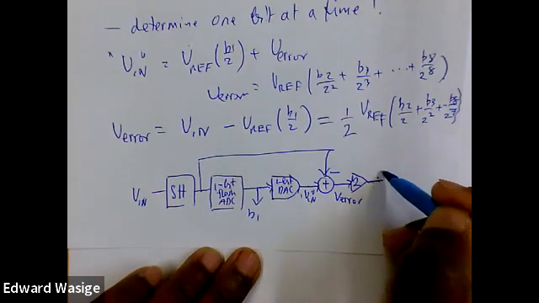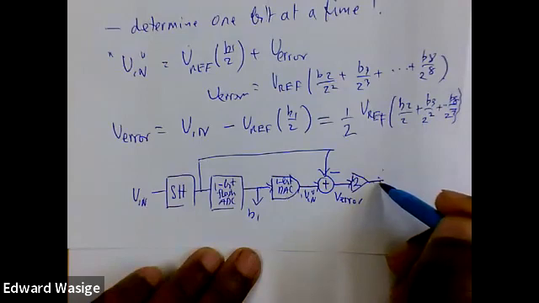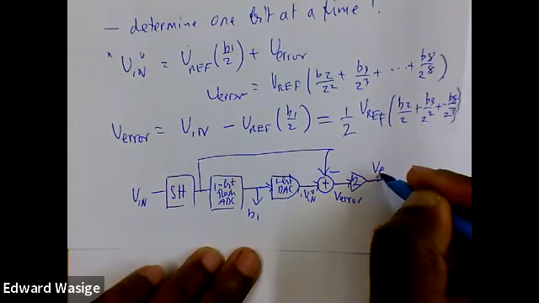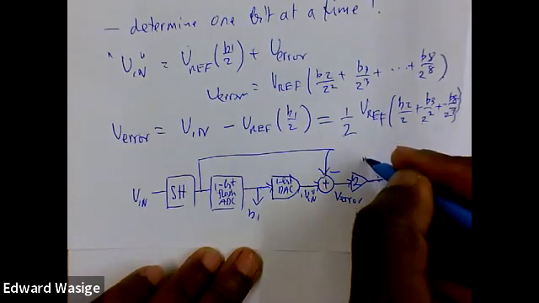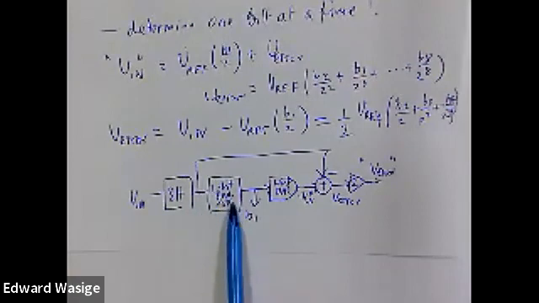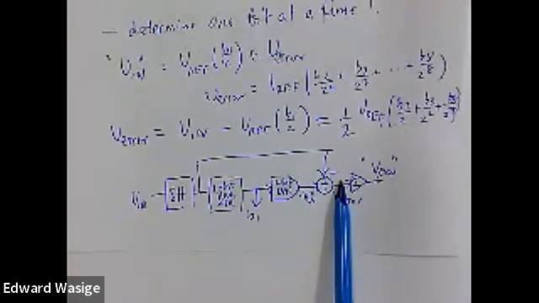So at this point, this output here, we input it into a sample and hold, we hold it steady, and then we could put it through a similar process.